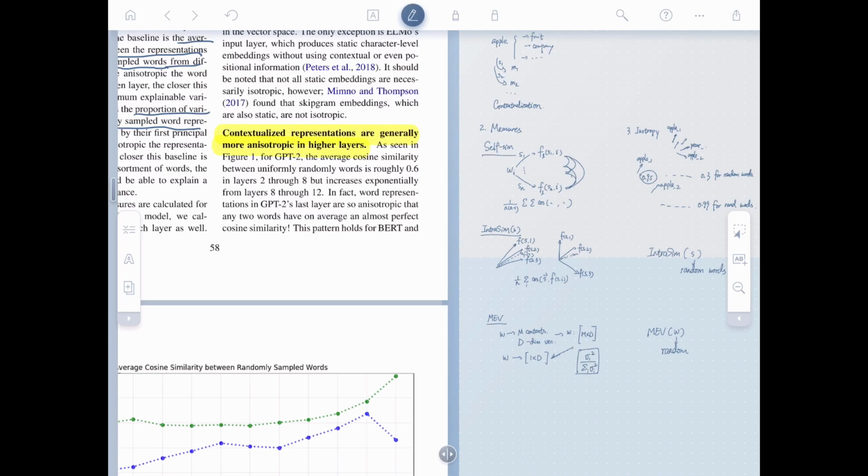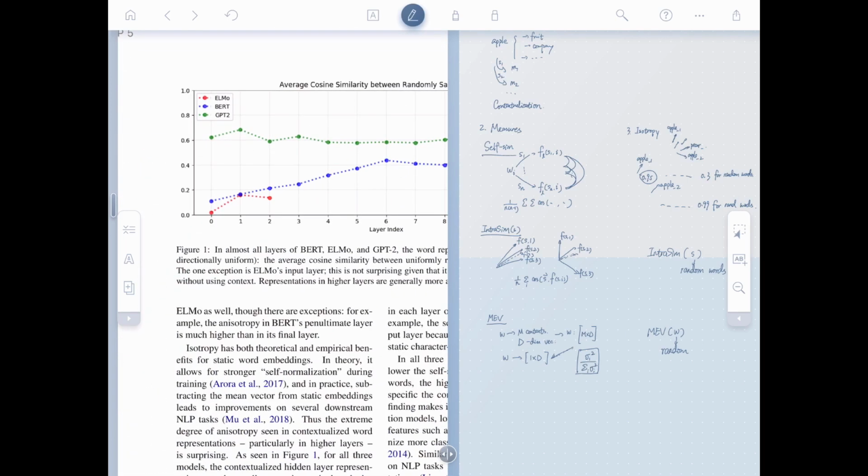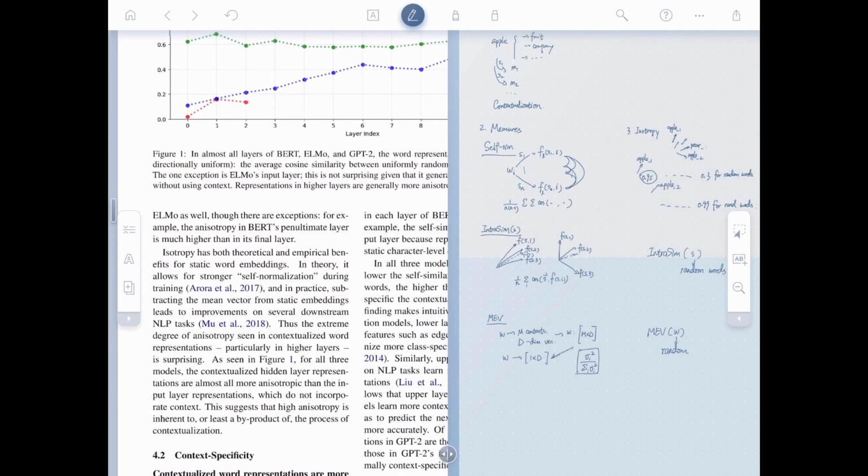For example, let's see the word representations in GPT-2's last layer. They are so anisotropic that any two words have on average an almost perfect cosine similarity. This pattern holds true for BERT and ELMo as well, although there are some exceptions.